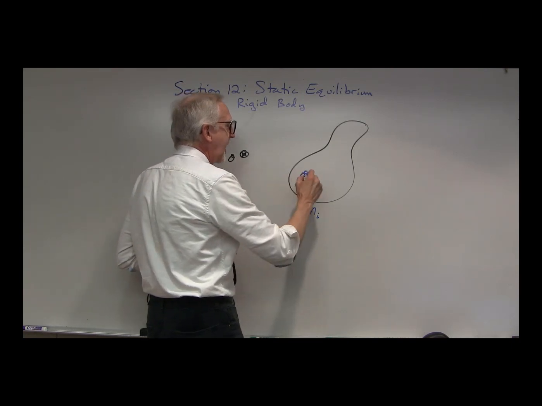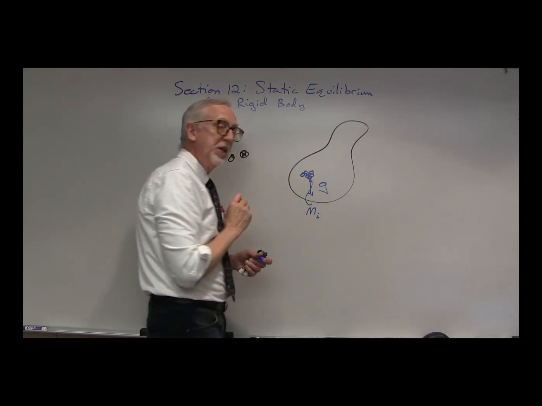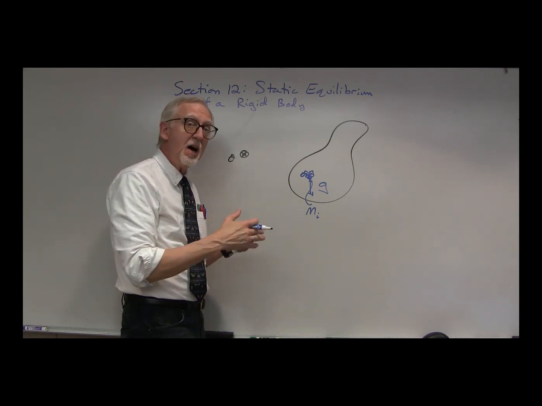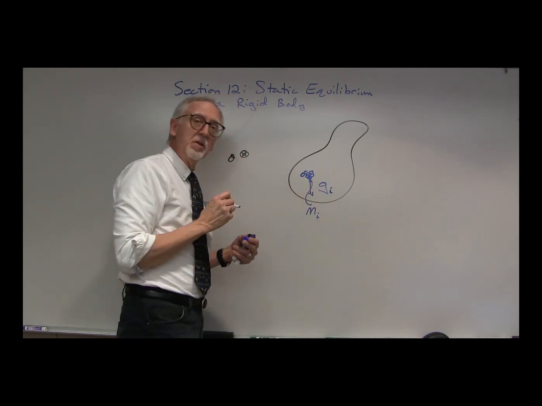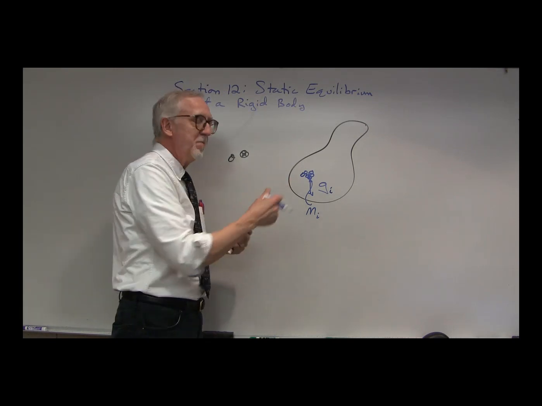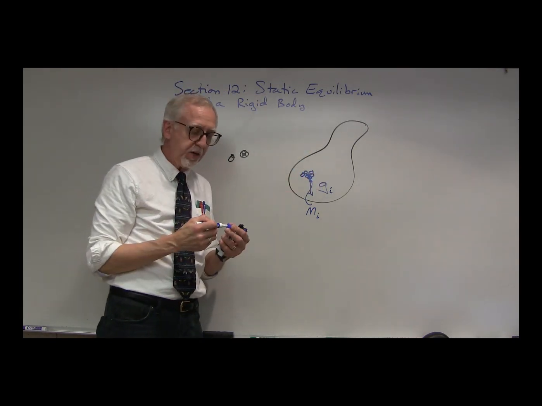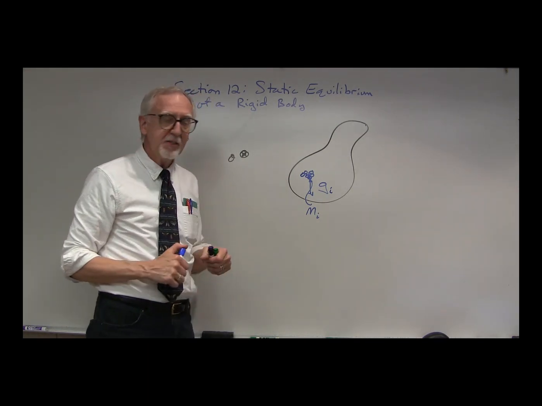Each one of those has an acceleration acting on it of g, and typically we think of g as constant for an entire object, but in general we could say there's going to be some value of g sub i at different masses. If this is in a varying gravitational field, we don't worry about that near the surface of the Earth, but in general that could be the case.